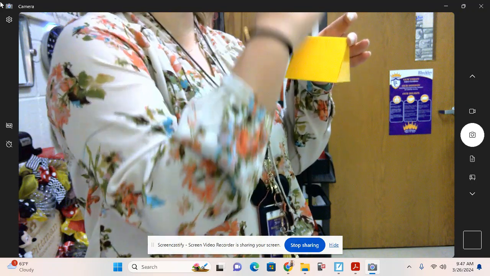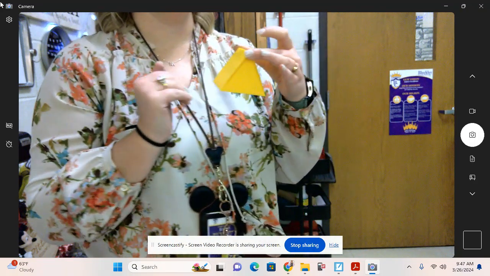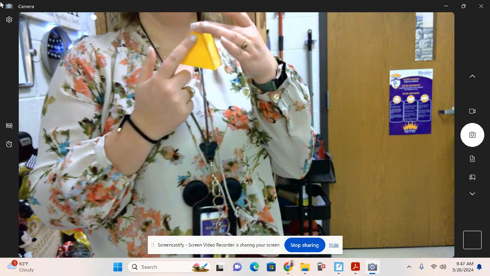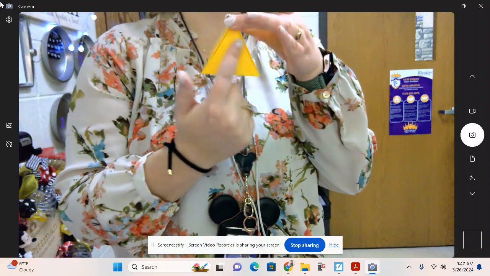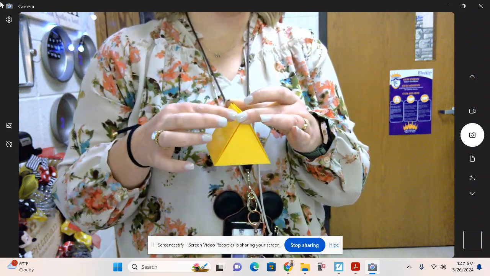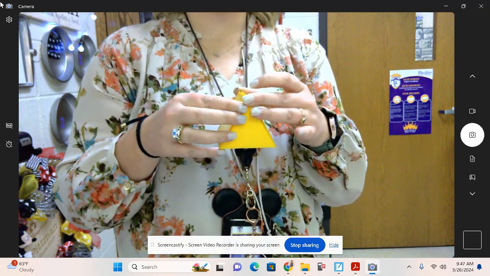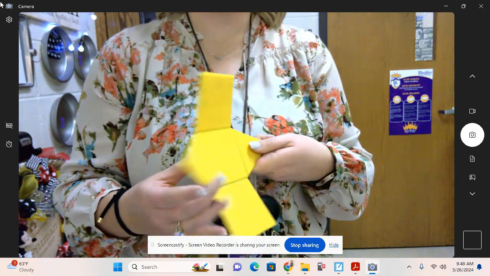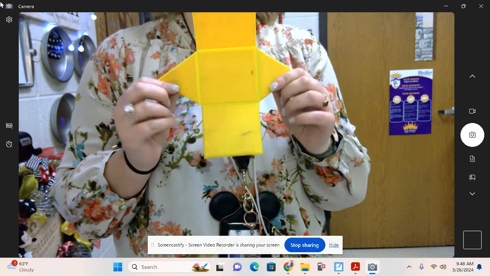What makes this a triangular prism and the other one a rectangular prism? The amount of sides and the triangles. Look right here. What shape is this? Triangle. A triangle. Okay? When I unfold it, the little wings are what shape?